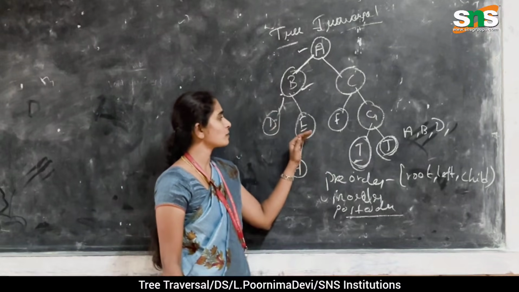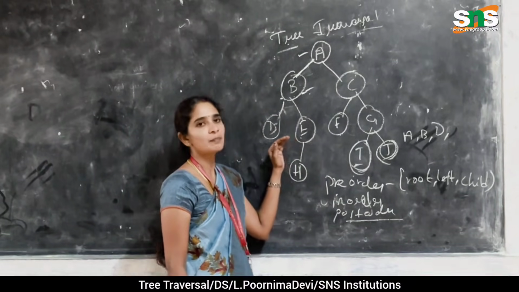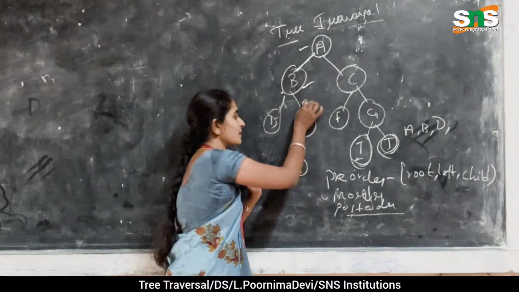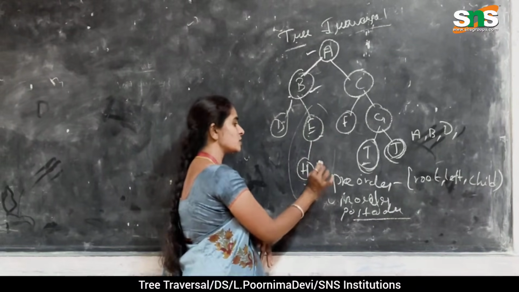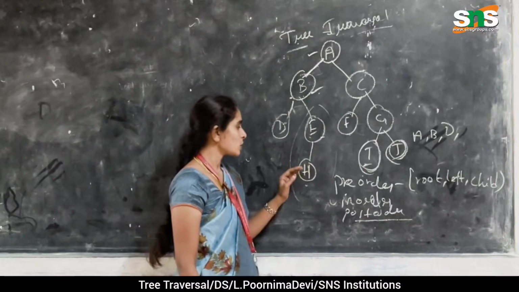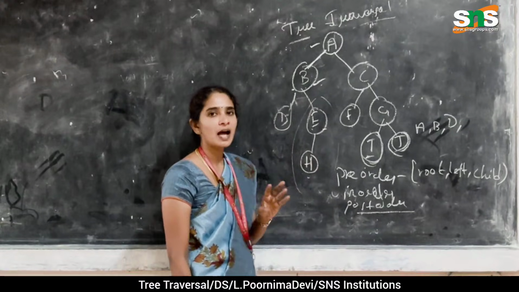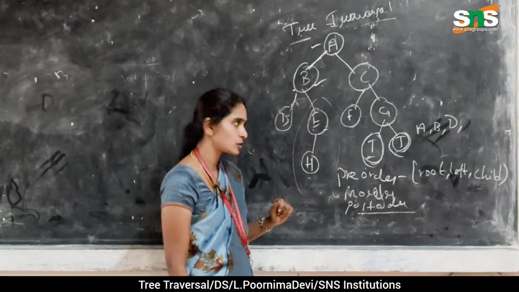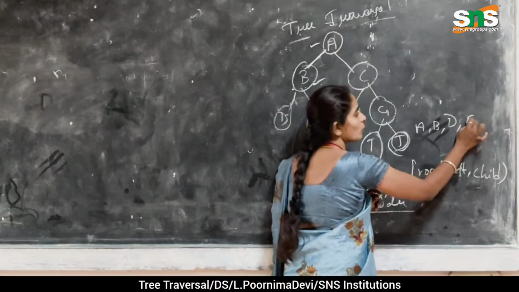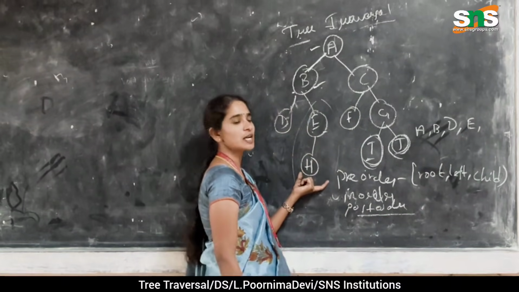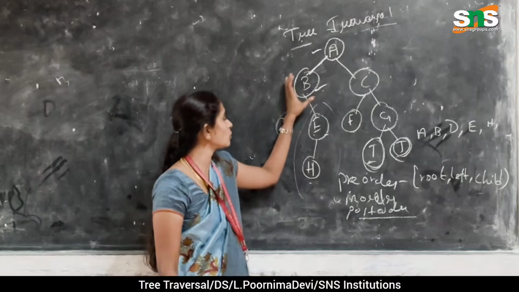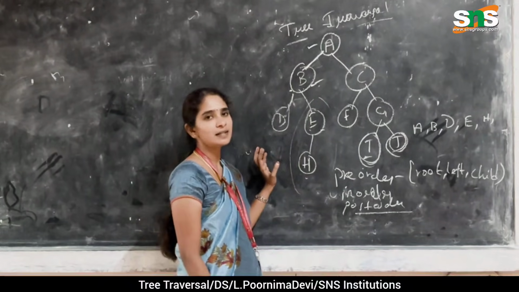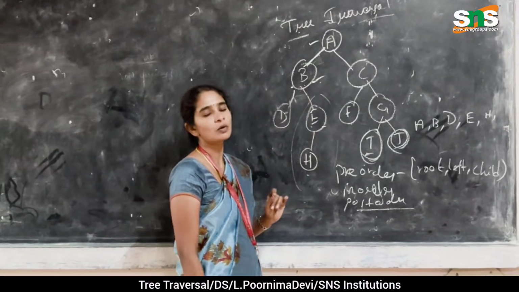E is a root node and H is its left child node. So I visit the node E and the left child of E. In this way we complete all the left side nodes of the parent node A.